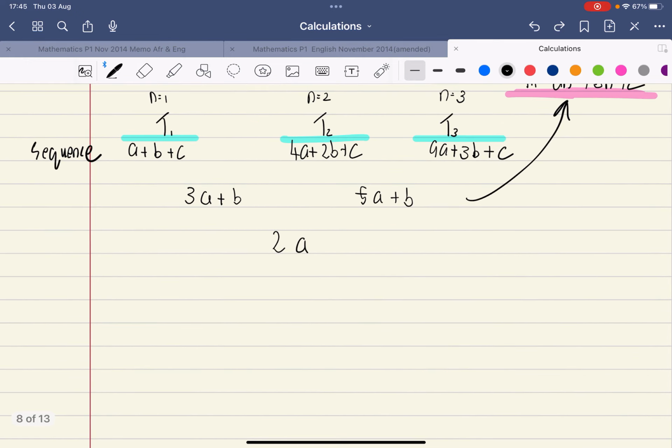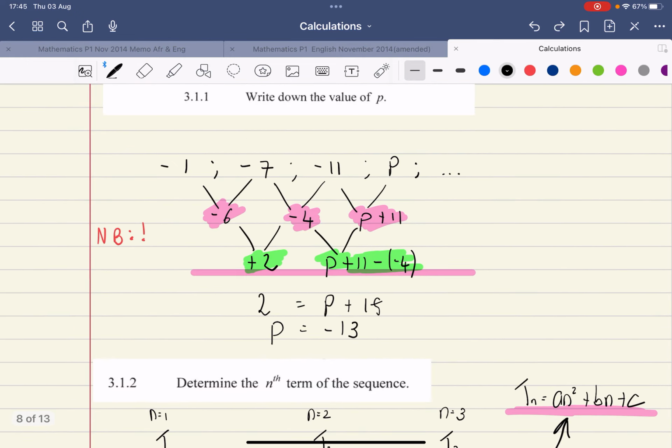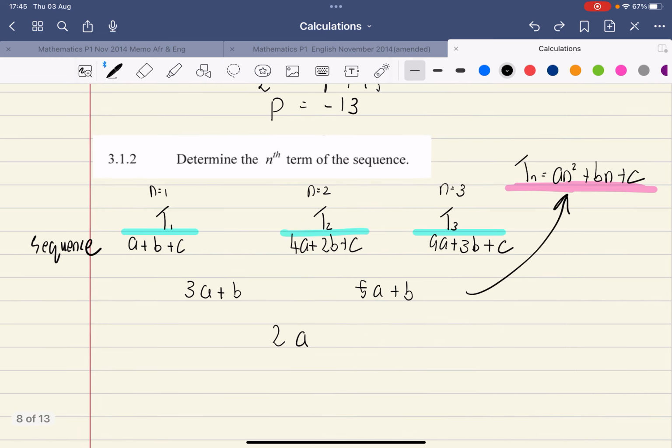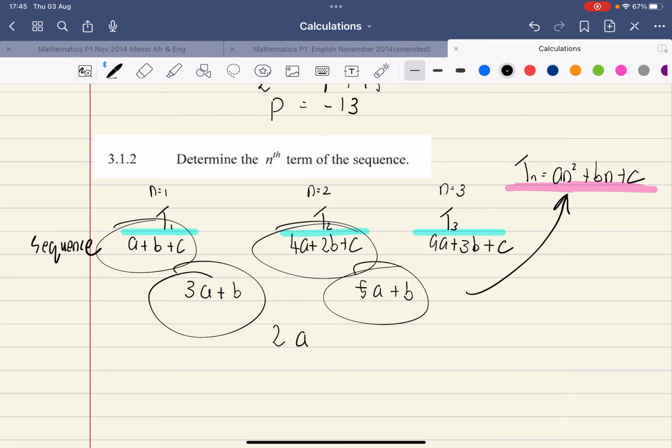Another important thing to notice is that just like our differences here were found by subtracting, or finding the difference between the upper terms, that's exactly what we're doing with these formulas. 4A plus 2B plus C minus A plus B plus C is equal to 3A plus B. 5A plus B minus 3A minus B is equal to 2A.